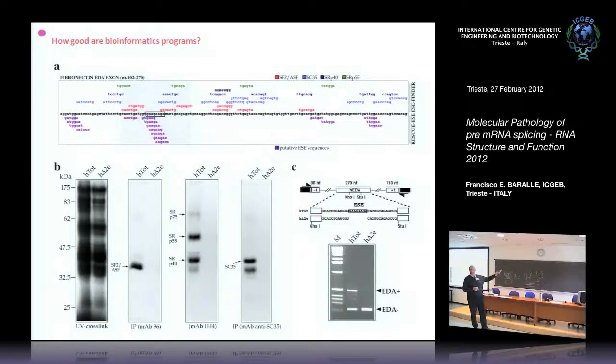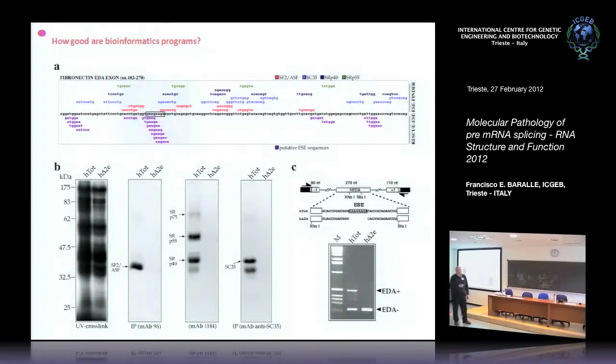These are SR proteins, that normally modulate splicing in a positive way, binding to exonic splicing enhancers. Now, if you look at this, well, there are enhancers all over the place.